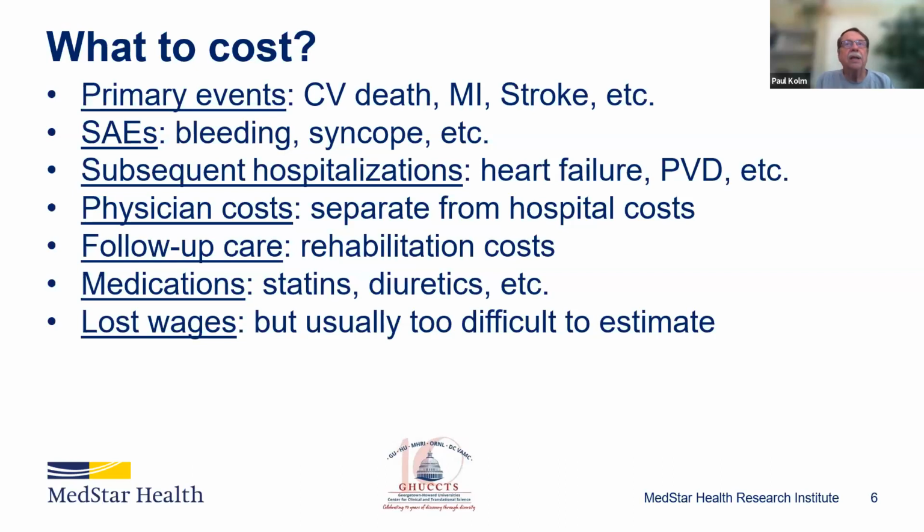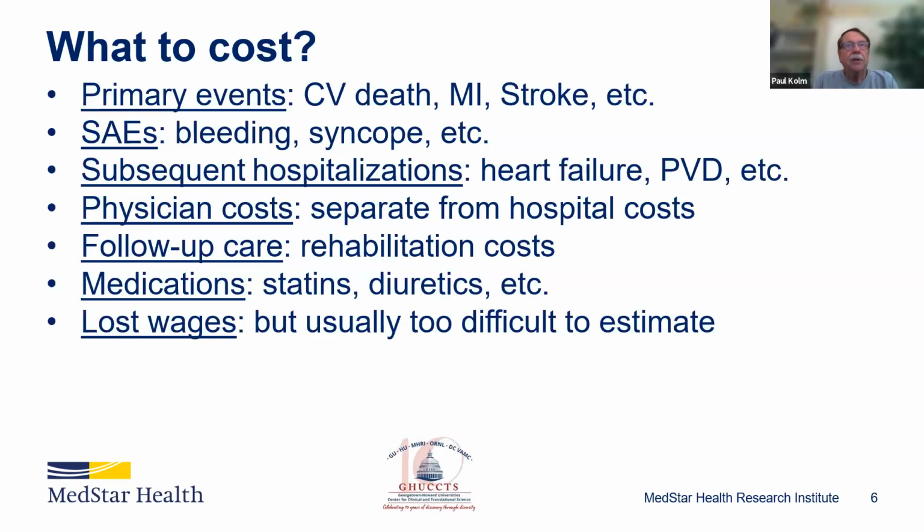So maybe bleeding is a serious adverse event that we're going to need to cost. We might need to, depending on the particular studies, cost subsequent hospitalizations. So for example, if we're looking at heart failure, do we have subsequent hospitalizations for heart failure that we need to include in the costs?